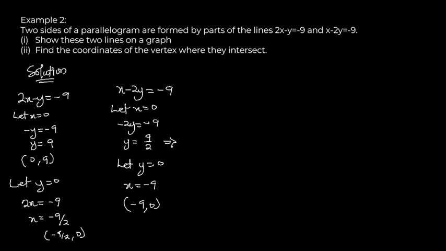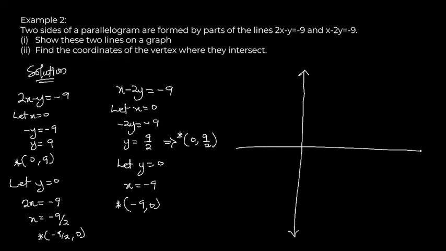And for the first case over here, x is 0 and y is 9/2. Alright, so using these points, we can now draw this on the graph. If we draw this, we are going to have a graph looking like this.